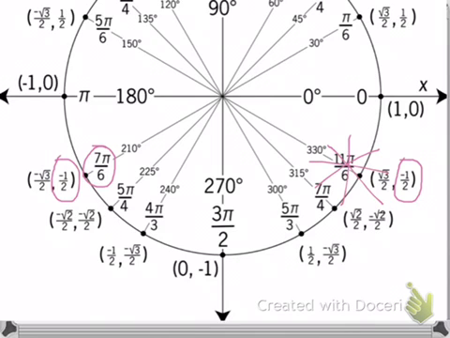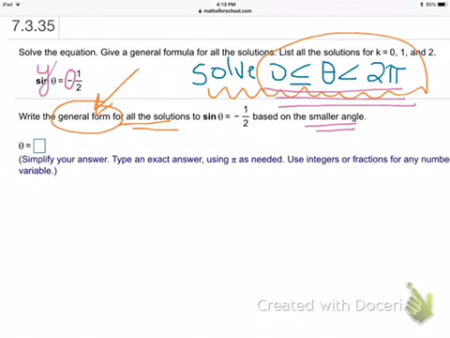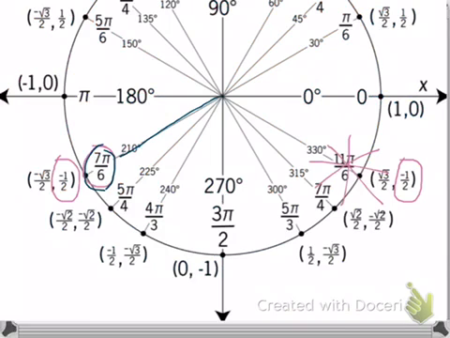Now, when it talks about the general solution, here's one of them. The first one is 7 pi over 6. Now, if you're at 7 pi over 6 here, and you go around 360 degrees, or 2 pi radians, you end up in the same place.